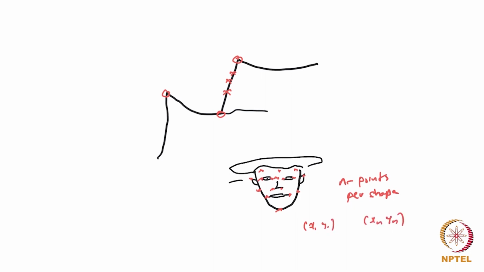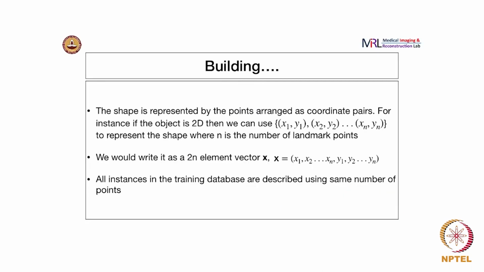All shapes in your database, your so-called example data or training data, need to have n points annotated on them, and they should all correspond to the same landmark. So that's the idea.